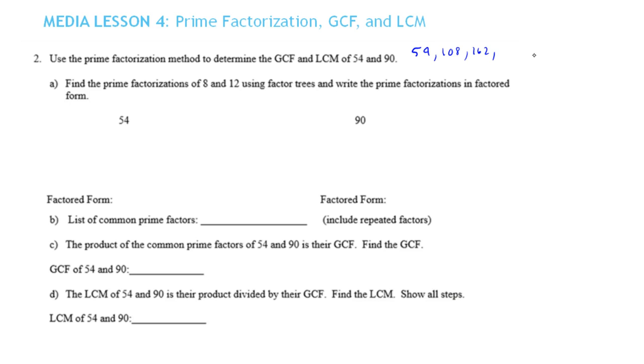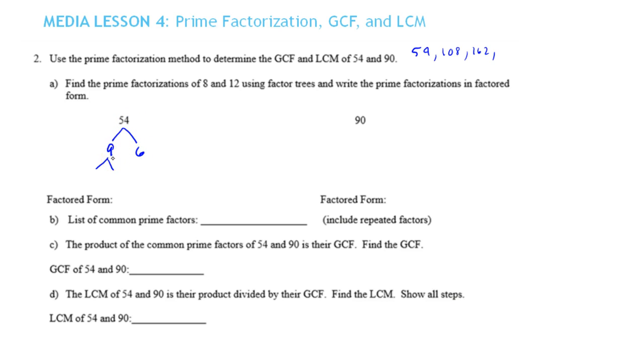So let's find the prime factorization of 54. The first factors that I think of are 9 times 6. And you could also divide by 2 because it's even if you don't remember this number fact, and the numbers will keep getting smaller and it'll be easier to factor. So notice these numbers are smaller than 54.